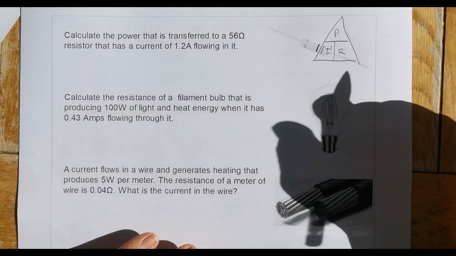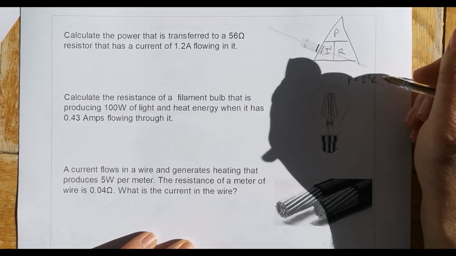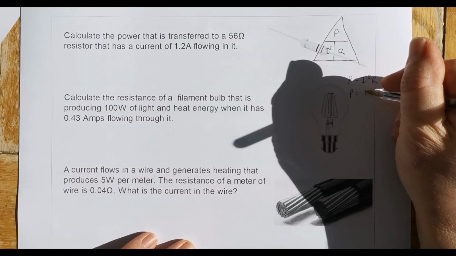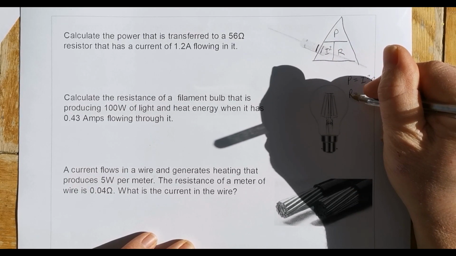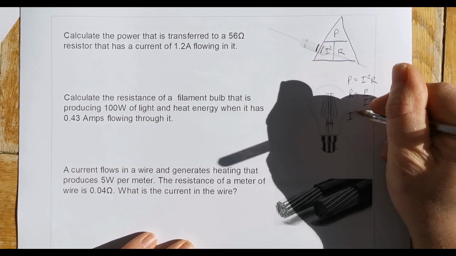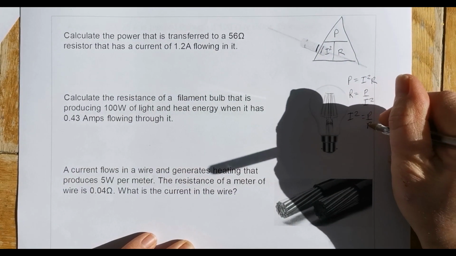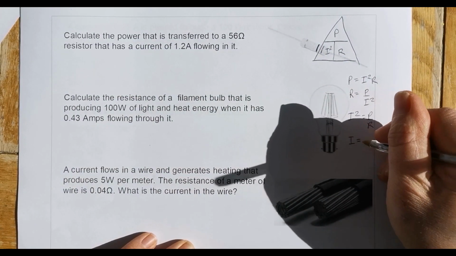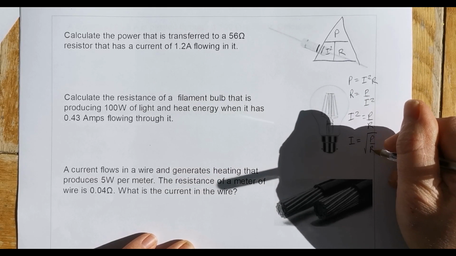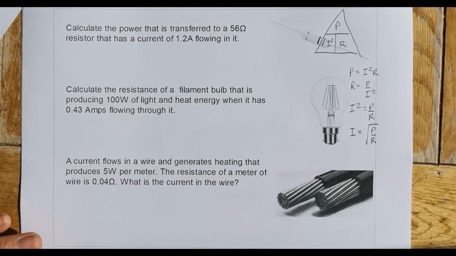The three formulas we get from here are P equals I squared R, R equals P over I squared, and I squared equals P over R. And that tells us that I, we do this in 2 stages, it's easy, I equals the square root of P over R altogether. So I've drawn those at the side.